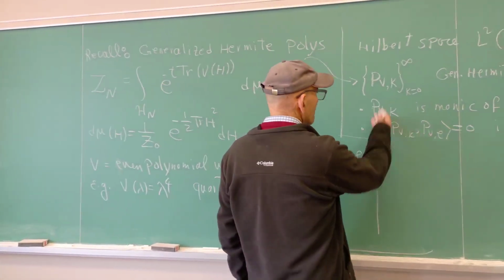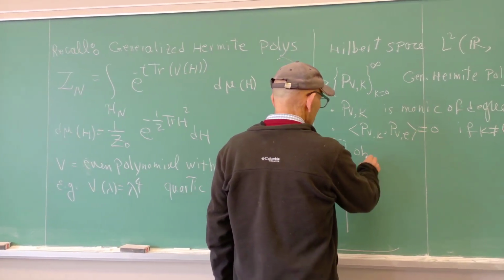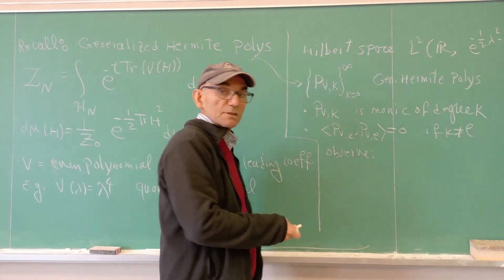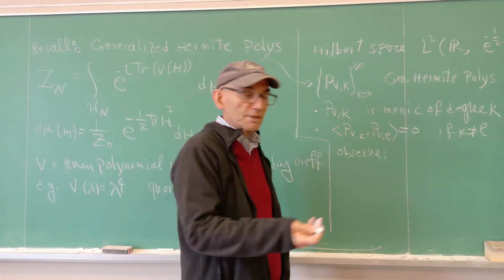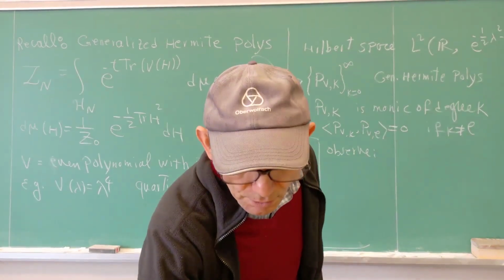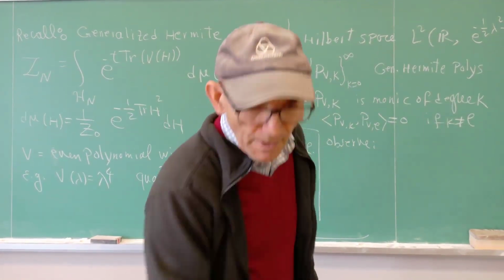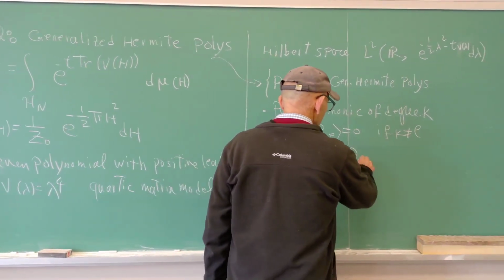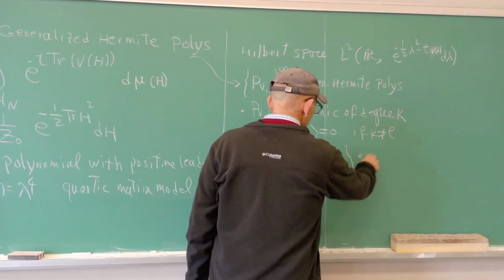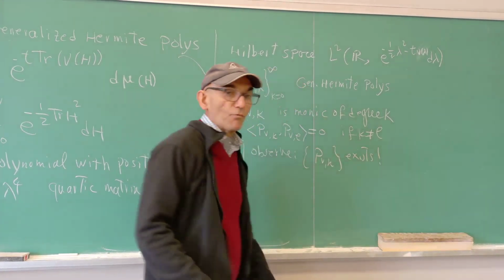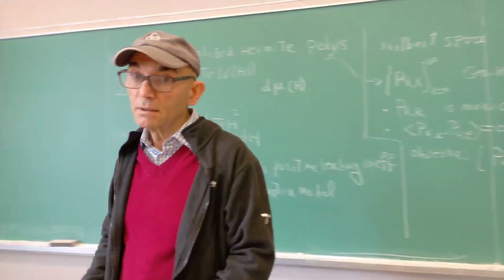The first observation is that this system of polynomials always exists. First of all, why?